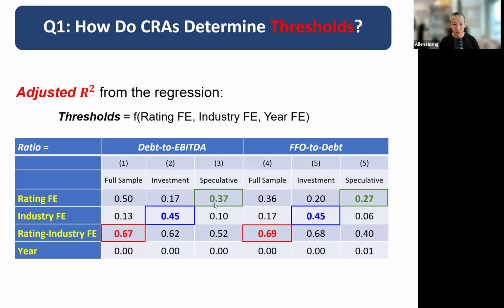And year fixed effects almost explain nothing. So basically, it seems like there's no change in their methodology over time, or that it's already captured by both the thresholds and the ratio, so that their differences are not varying across years.